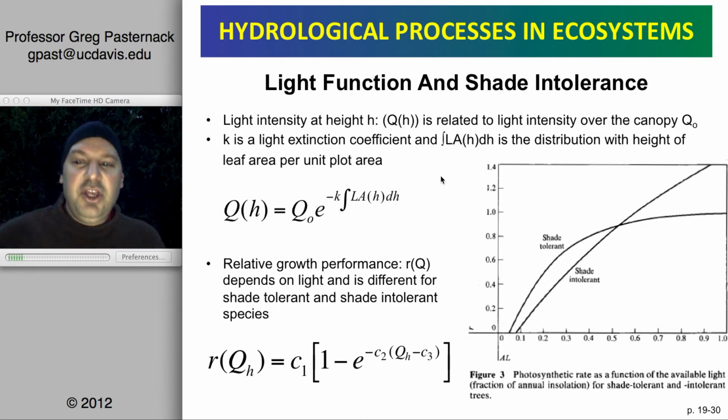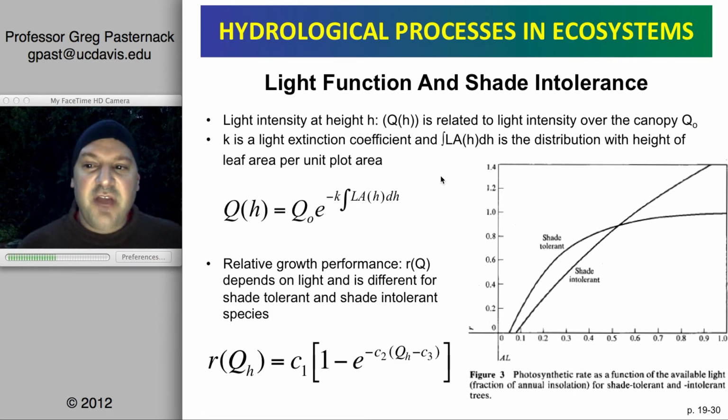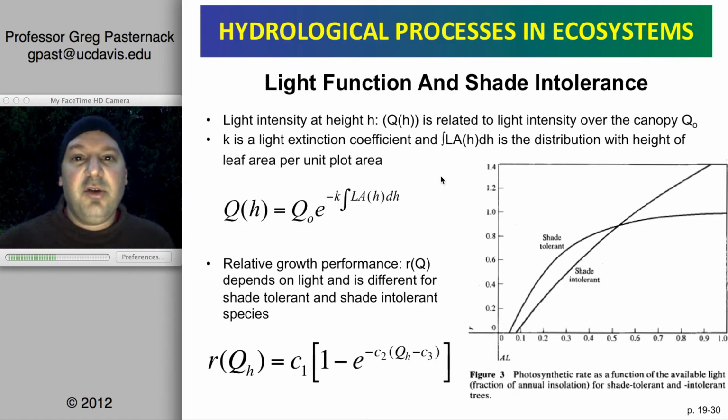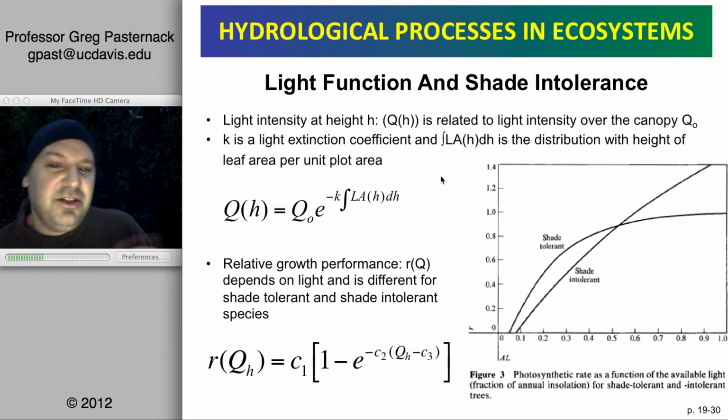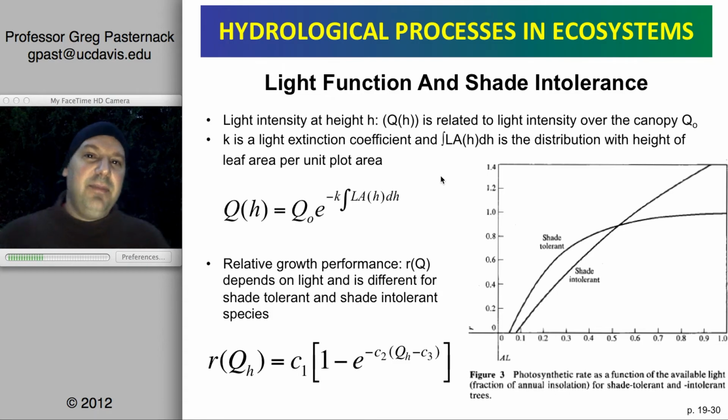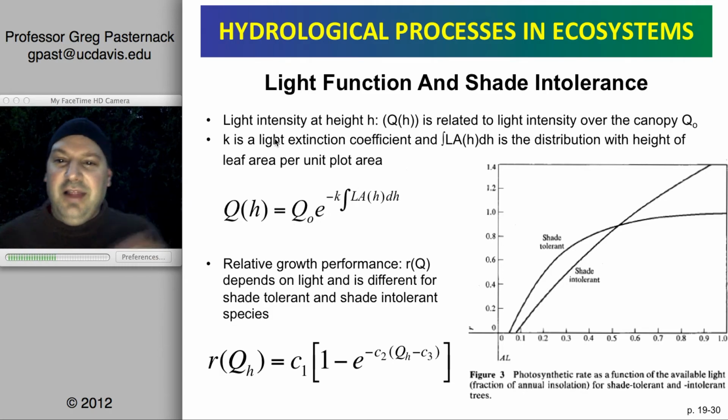So light is a huge factor when you're talking about trees, because trees have the ability to shade each other out, and some trees are shade tolerant and some are intolerant. These equations get pretty complex, and I'm not going to expect you to know them, but just think about the idea of it. And the idea is that the light intensity at a certain height in a tree is given by this function here, which is a function of a light extinction coefficient, and then the distribution of available light.